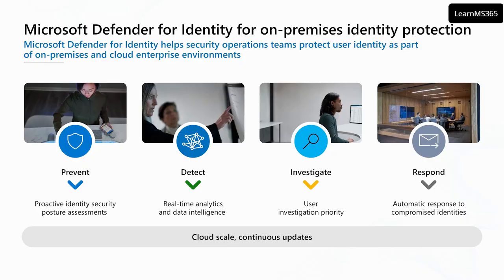For hybrid environments, which is mainly true for enterprise customers, as you'll appreciate, the combination of Defender for Identity for on-prem and Entra ID Protection for cloud identities gives you much better 360-degree visibility across the entire identity infrastructure.